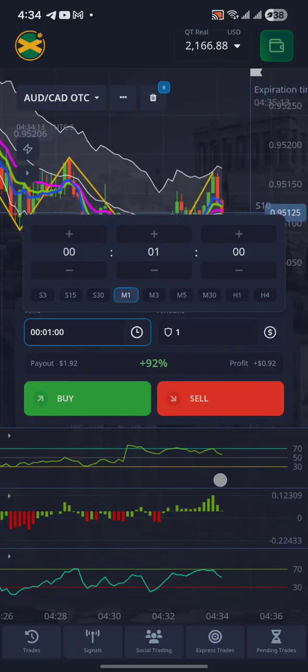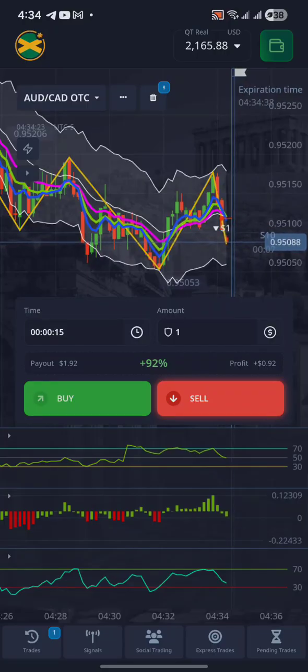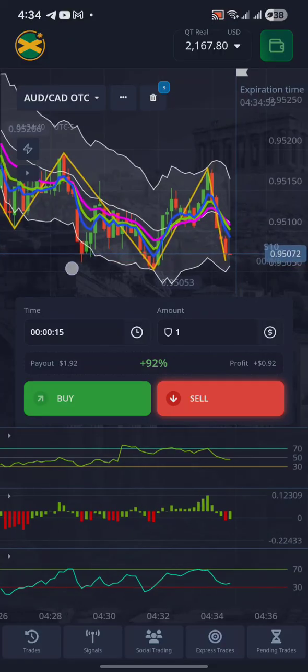And it reverse. Come back down to support. It's supposed to bounce back up. You can see if that go.